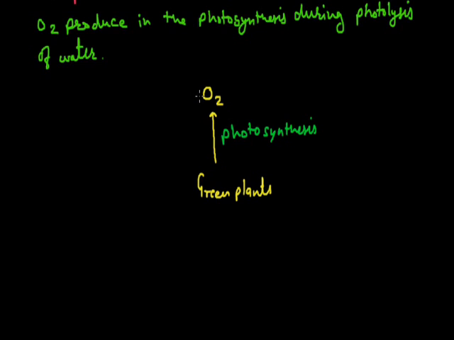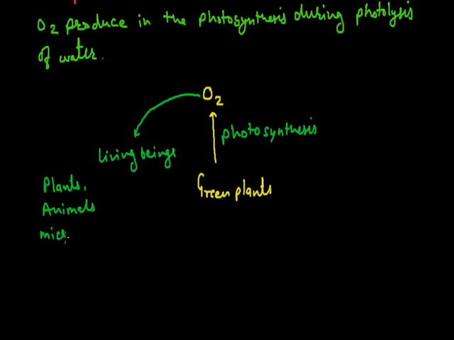This O2 is utilized by living beings, meaning animals, plants, microbes. All the living beings which perform aerobic respiration use oxygen and produce CO2. This CO2 is produced during expiration and this CO2 gas is consumed during photosynthesis by the plants.